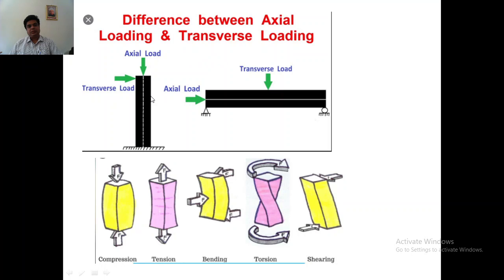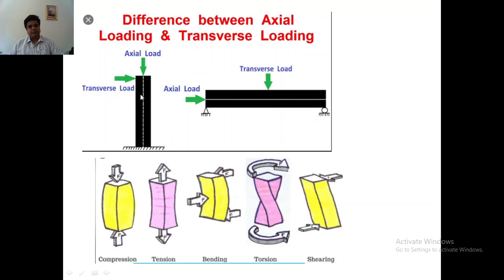So usually in engineering we take the object or the material and it will be given some shape and size to take the load. So we name them according to their applications or how they are used.